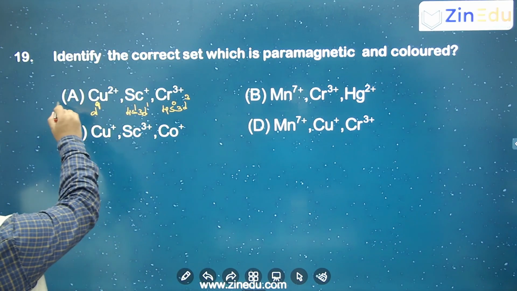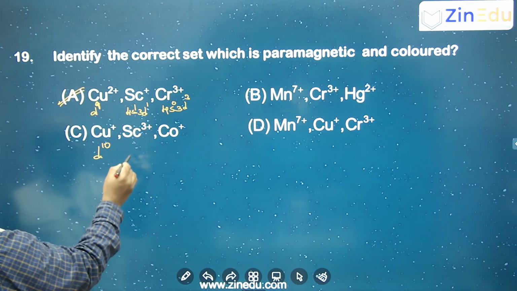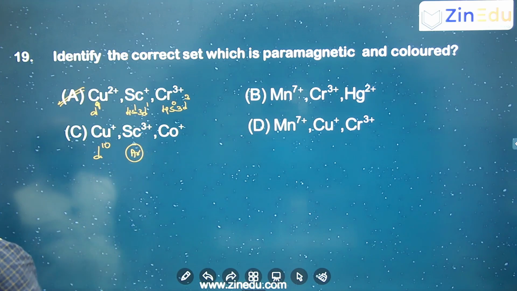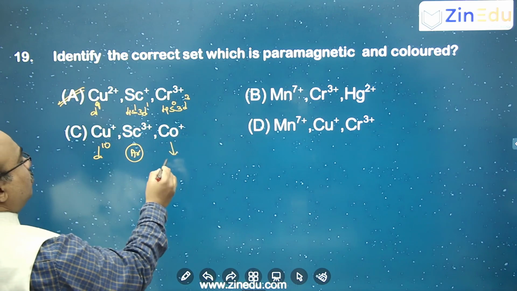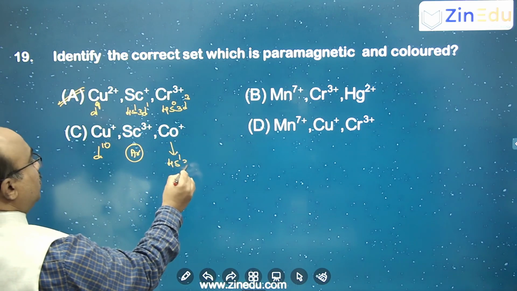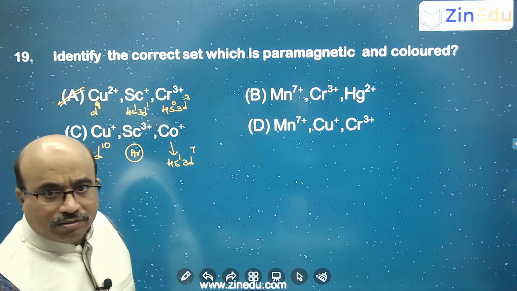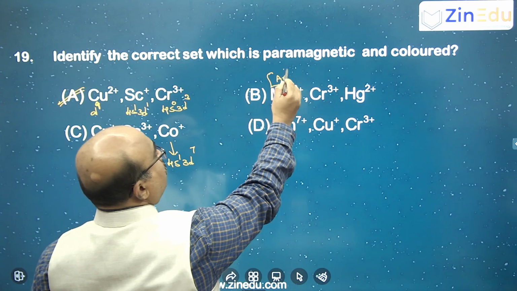So this will be our correct option, but you can see the others. It is d10 configuration, it is d0 configuration, or it is argon configuration directly. Cobalt is 4s1 3d7, so it will have unpaired electrons, but others will not. Manganese is again argon configuration only.